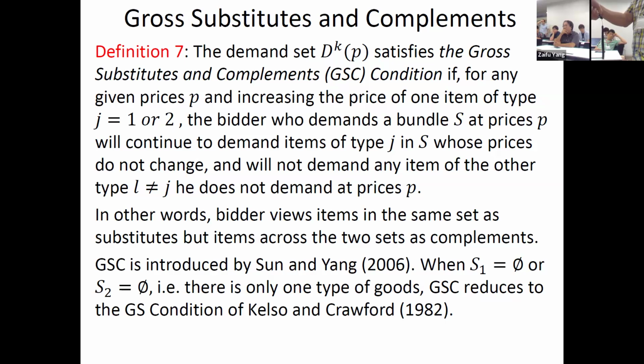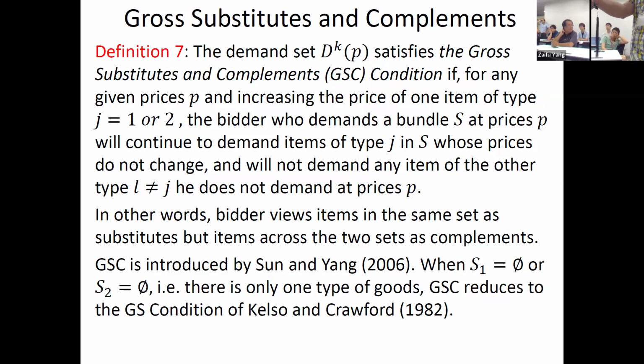So we're not demanding any item of the other type. If the first type is a chair, then the other type means table.